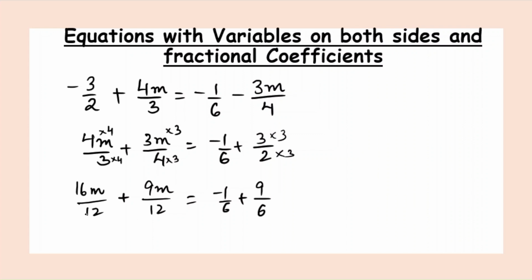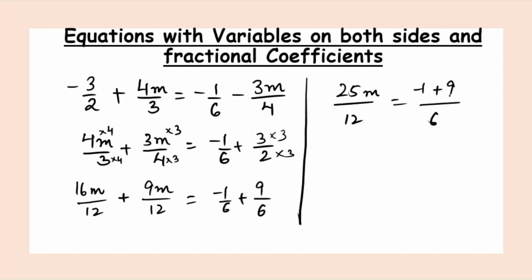Now, 16m plus 9m is, this is minus and plus, perfect. So 16 plus 9 is, okay, let me write it over here, 25m divided by 12 equal to 6 minus 1 plus 9. So 25m over 12 equals 9 minus 1, 8 over 6.